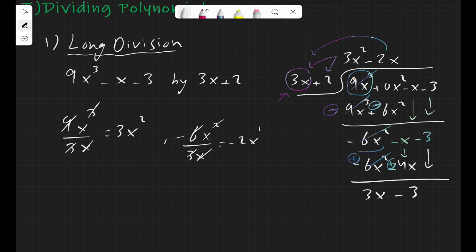As long as the exponent is equal or greater, we keep dividing. Once the exponent is less, we stop. So once more, 3x divided by 3x, and the answer is 1.